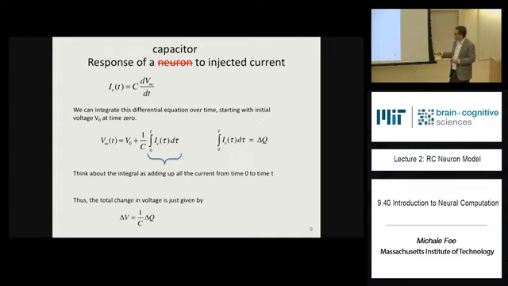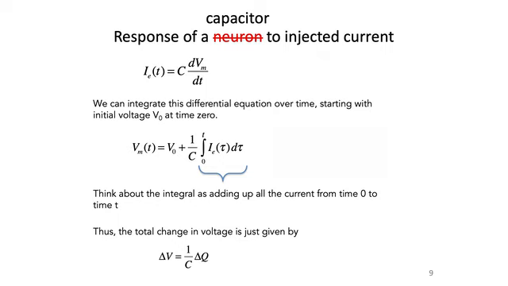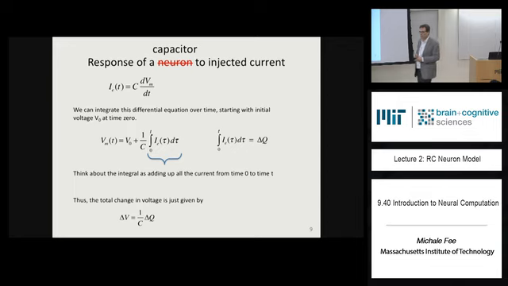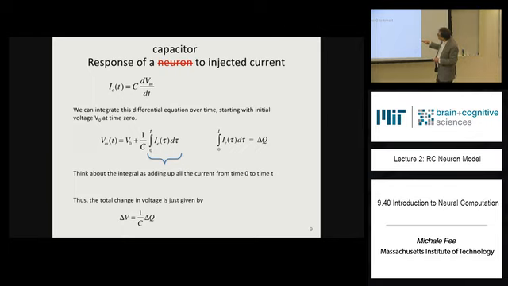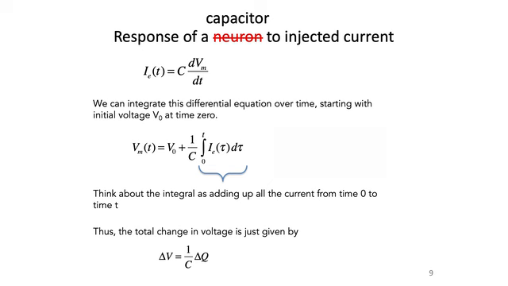Delta V is delta Q over C. So the voltage is just the starting voltage plus delta V. Does that make sense? This integral is just the amount of charge you injected, divided by C, which gives you the change in the voltage. Okay? Yes?